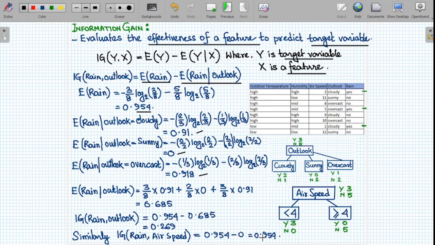It is 0.95. Remember, decision tree algorithm evaluates information gain for all the feature columns and chooses the feature which is giving highest information gain value. In this case, airspeed will be chosen by the decision tree.